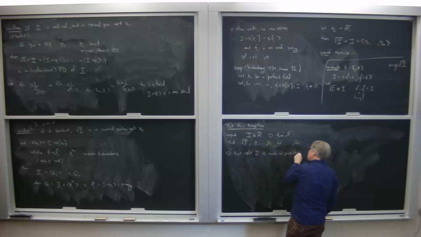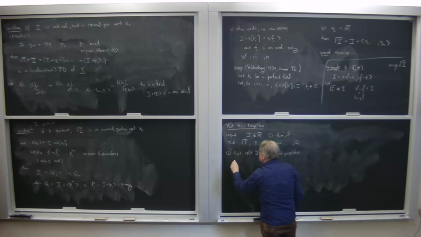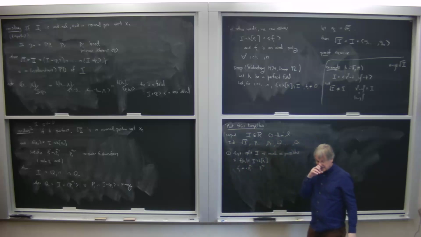So for instance, and this is again hard to tell, if f1 of x1 is in I intersect K of x1, then I can write f1 is equal to some constant, which is not relevant, times p1 to the m1 through pr to the mr. So we have something like this.